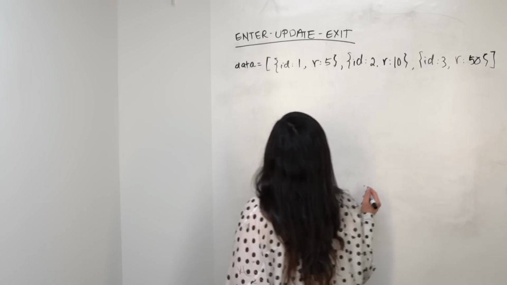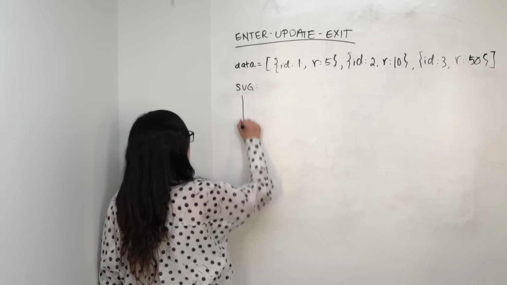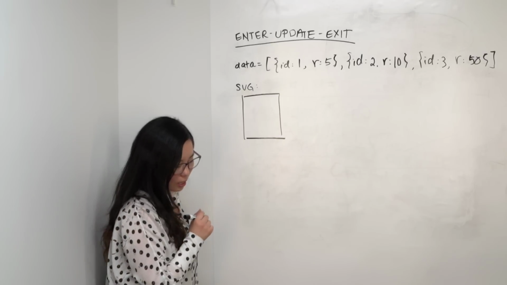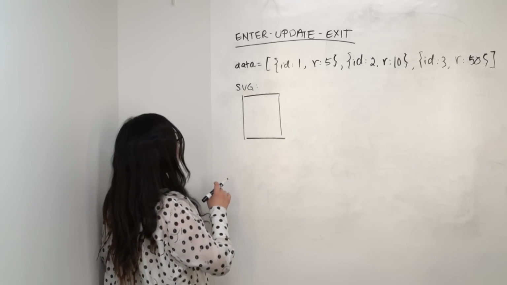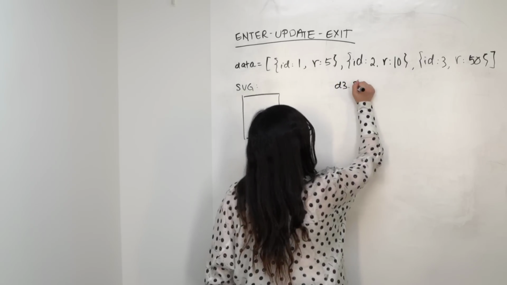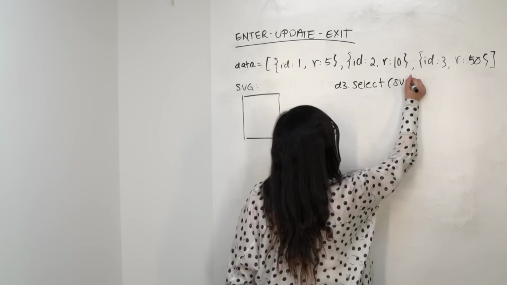And so let's say that this is what our SVG currently looks like. We talked last week about what D3 does when we say d3.select. We always have to select the SVG.